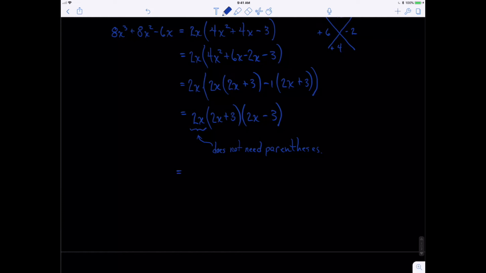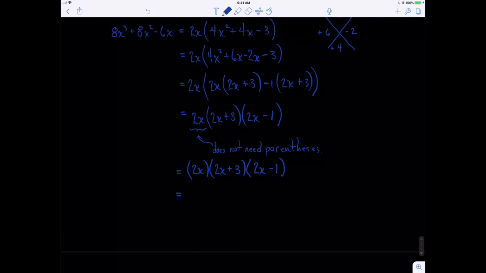So you could correctly type this answer, if you wanted, as 2x, parenthesis, 2x plus 3, parenthesis, 2x minus 1, parenthesis. Oh, I made a mistake up above. Goodness, you shouldn't let me do that. This should be a 2x minus 1. There we go.